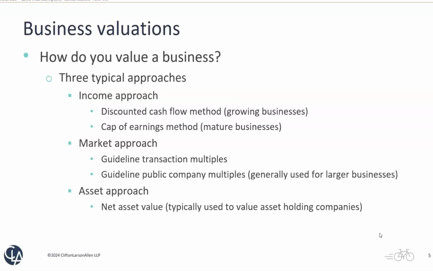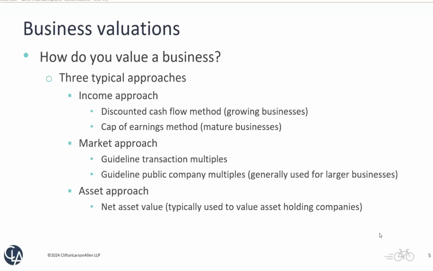There's the discounted cash flow method, which will look at the future economic benefits accruing to the business, and you present value those to a current date. So that's generally used for a growing business where you haven't achieved normalized growth and normalized margins. You're still in that growth phase.